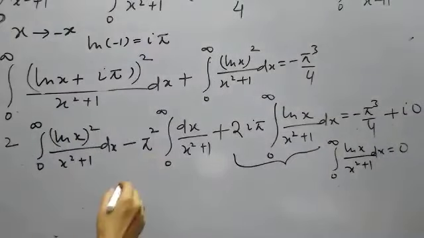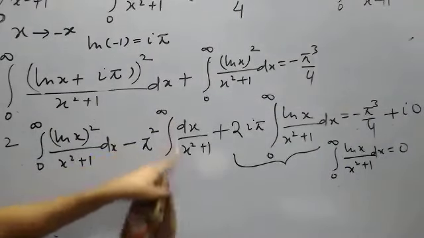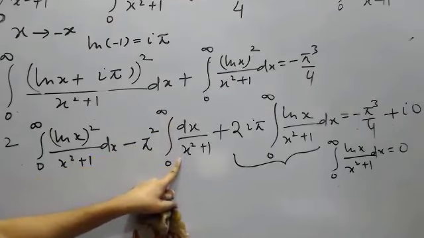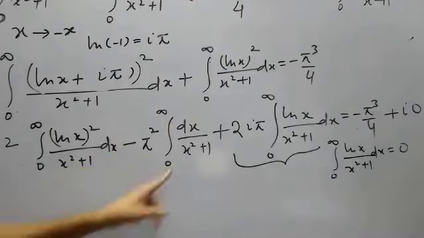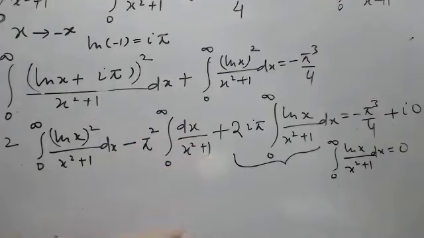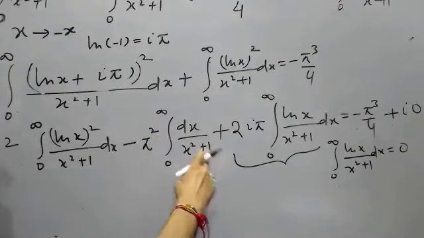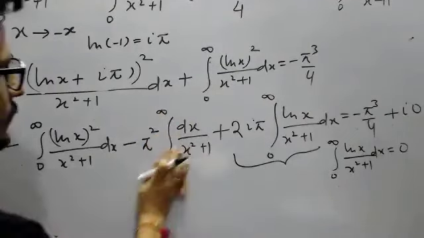And what about the real part? Please see this. This is tan inverse infinity, which is pi by 2. Can you see that? This is very normal integration. Na? dx upon x square plus 1 is what? Tan inverse x by a. So this will become just pi by 2. Yes?